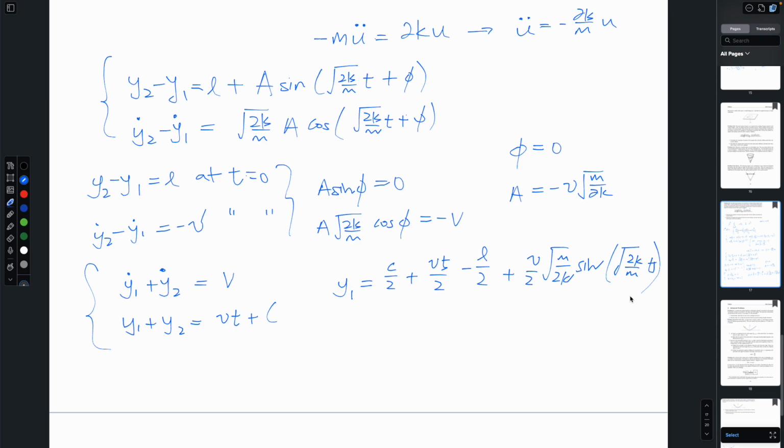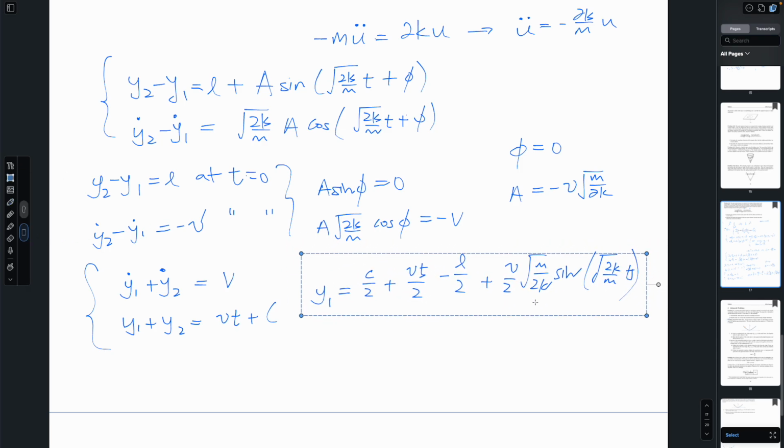Which one? Is it the momentum one, like the y1 dot plus y2 dot? I mean, it can only be this, right? This is just combining all these equations. Y1 equals c. It's just that we're plugging in these four simultaneous equations now.